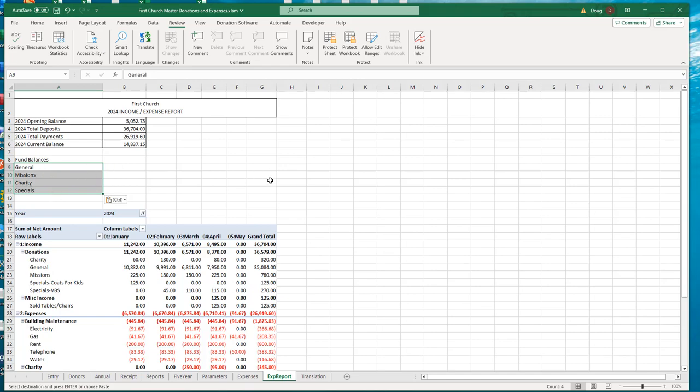All right, so these will be the fund balances. And then we will put over here then the amounts. And this will be the report that we display. Hey, we have $15,000 in our general fund, that kind of an idea. That's the goal of what we're headed for.